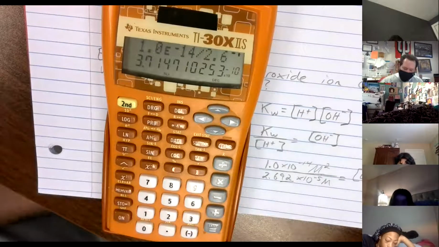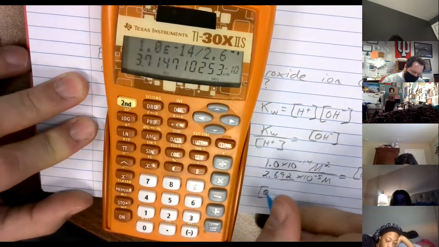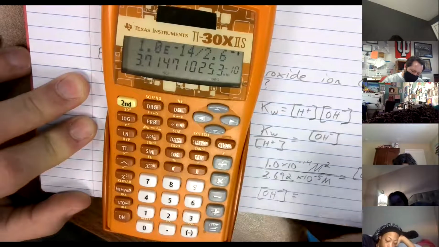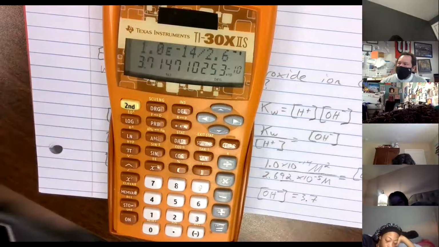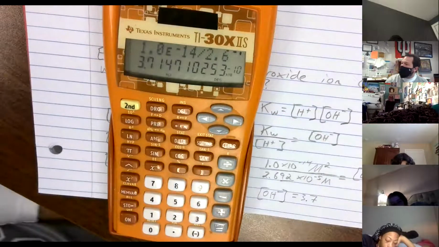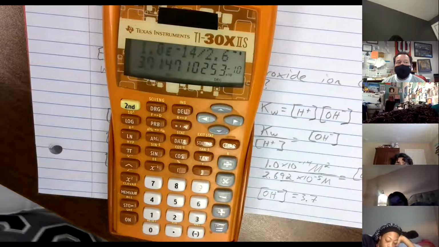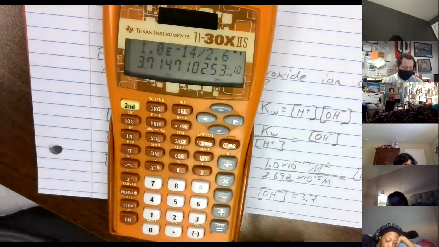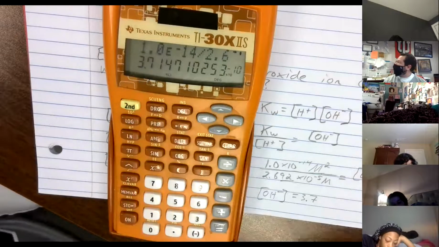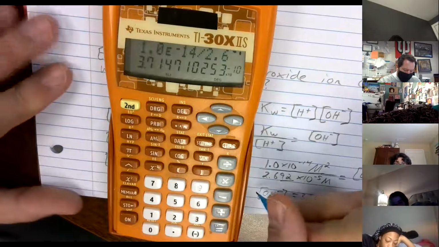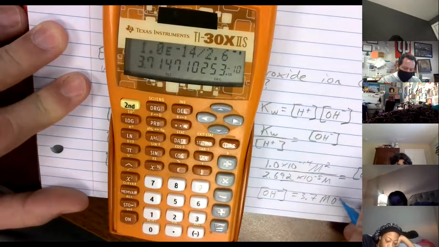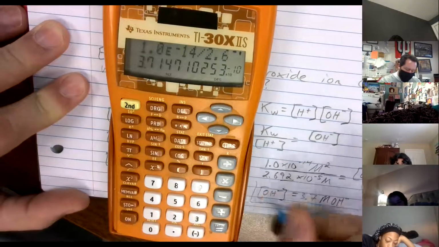Hit the enter sign. There we go. Now I can round to my 2 significant digits. This one will be my final answer. The number after 7 is not big enough to round up, so we're just going to keep it at 3.7 molar OH negative.